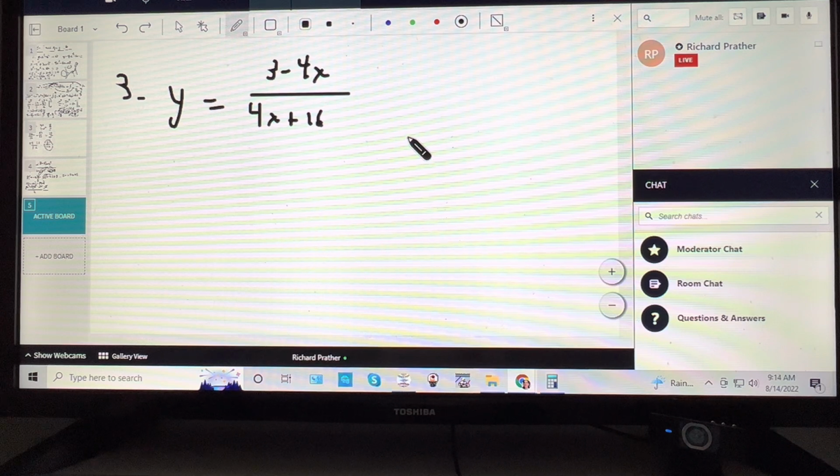Most of those values are vertical asymptotes in a rational function. The only way they wouldn't be is if you can factor the top or bottom or both and then cancel anything. So the bottom actually factors into 4 times x plus 4, but the top doesn't factor, so nothing cancels.